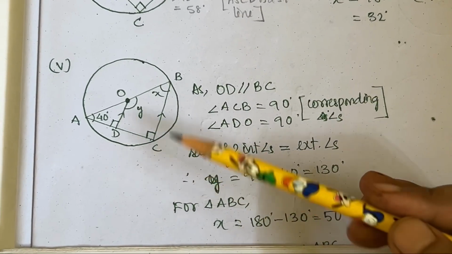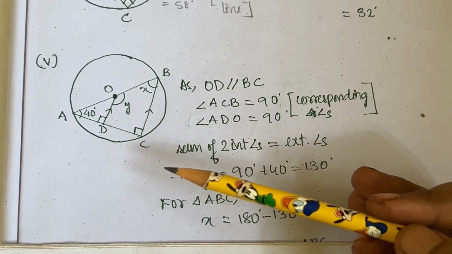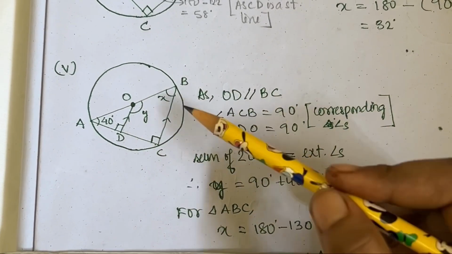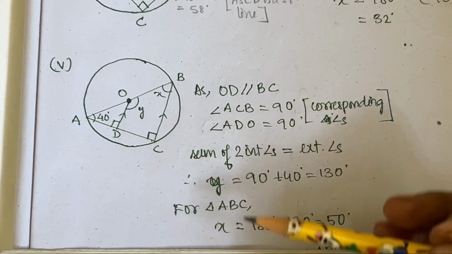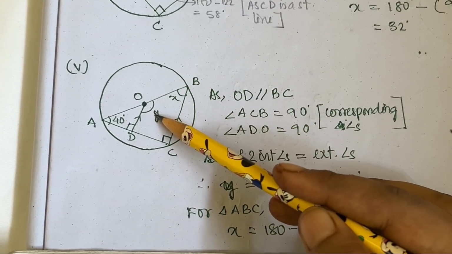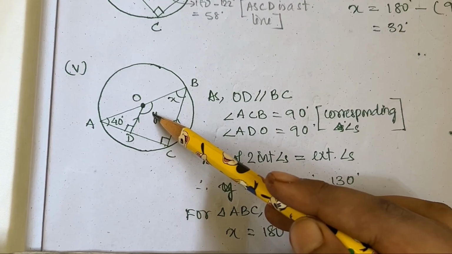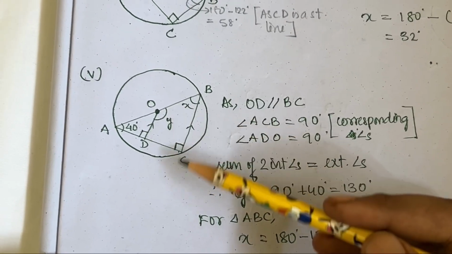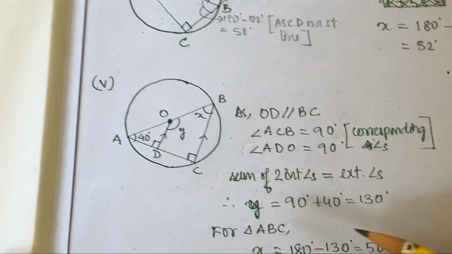Now, the sum of two interior angles is equal to the exterior angle. So we can say Y is equal to 90 degree plus 40 degree, that is 130 degree. And to find X, as we get Y as 130 degree, X is equal to 180 degree minus 130 degree, so that is 50 degree.